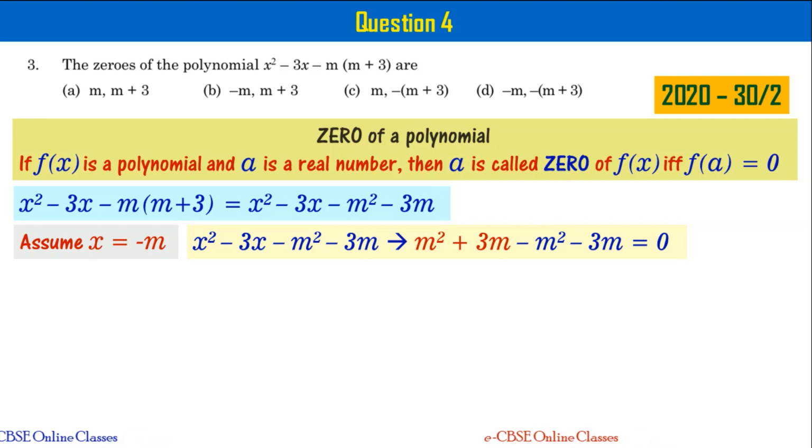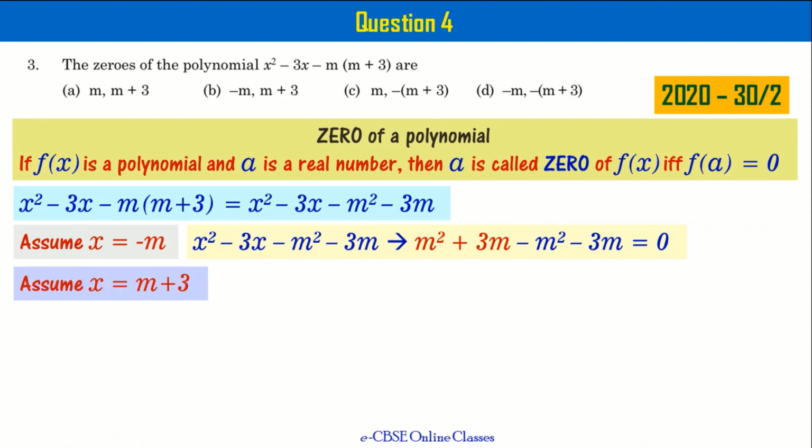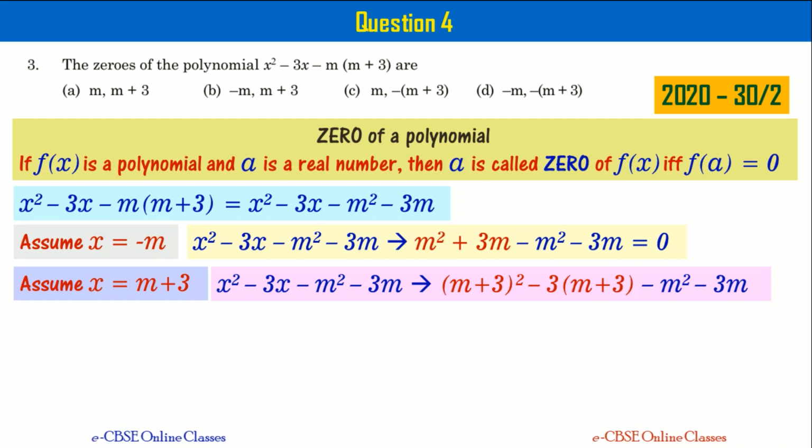So based on this, you can say that now either choice B or choice D has to be the answer, right? Let me go with choice B now and see whether m plus 3 is going to be a zero of the given polynomial or not. For that, let me assume that x equals m plus 3 and substitute that wherever x is there in the previous equation, so that you can write it as m plus 3 whole square minus 3 times m plus 3 minus m square minus 3m, right?